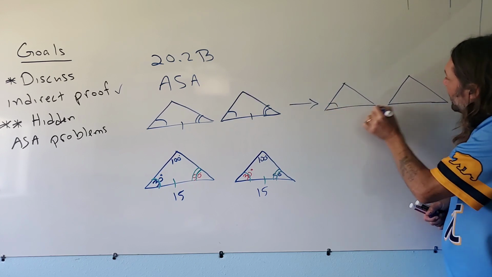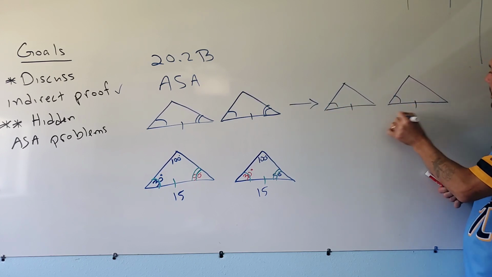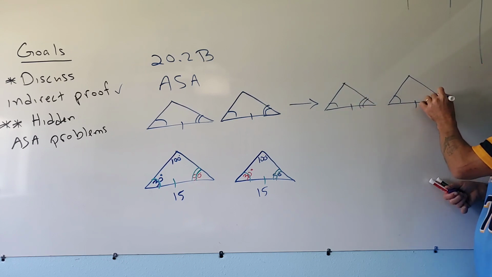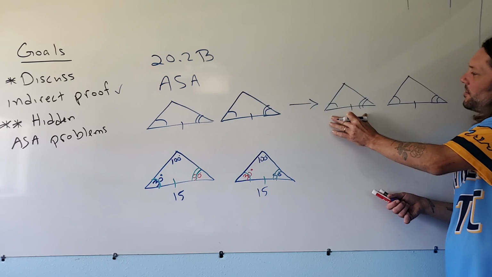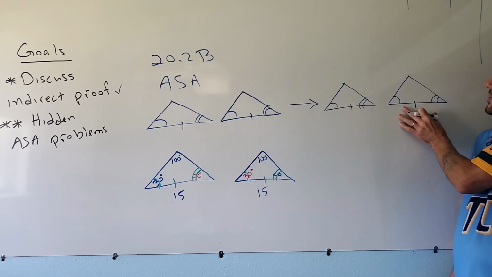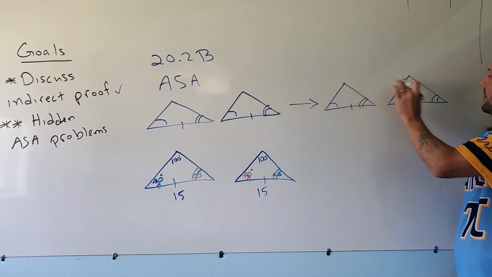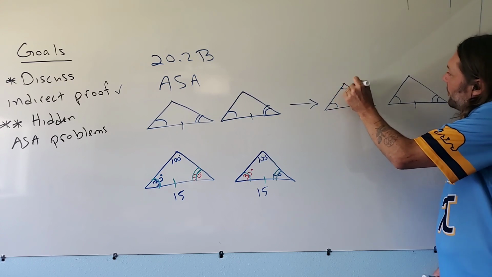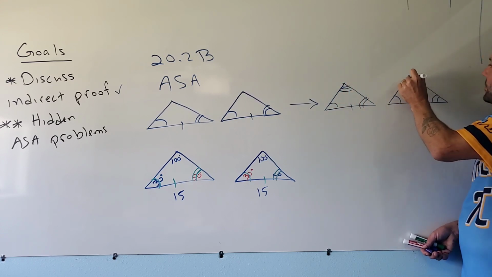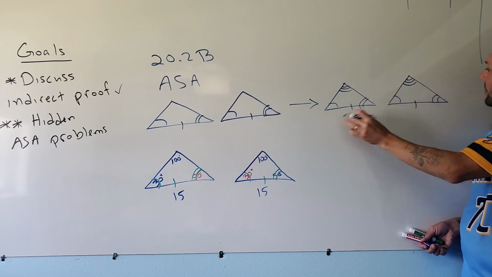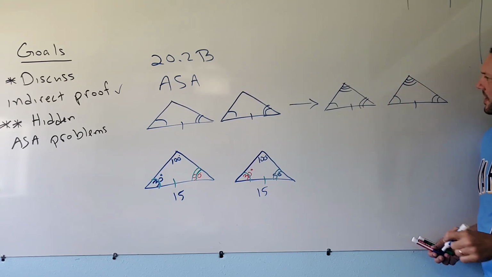I know that this angle was the same, this side was the same, this angle is the same, this angle is the same. So let's just say if these two angles together added up to 140 degrees, as well as these, that means that these two angles themselves would each have to be 40. So it's very easy to conclude that the third angle in a triangle, or in triangles that have two of the same angles, the third angle must be the same.